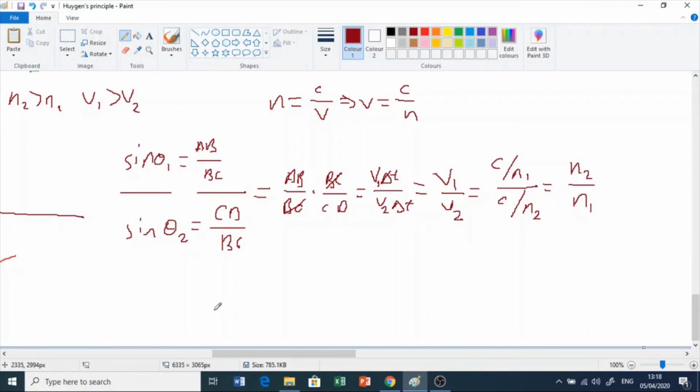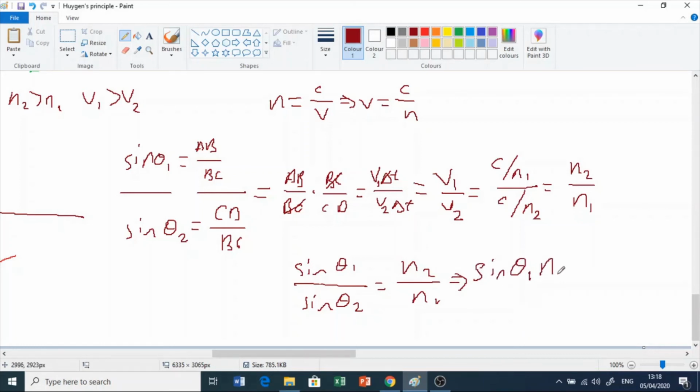Now let's write everything from the beginning. Sine theta 1 divided by sine theta 2 will be equal to n2 divided by n1. And Snell's law is usually expressed as n1 sine theta 1 equals n2 sine theta 2.